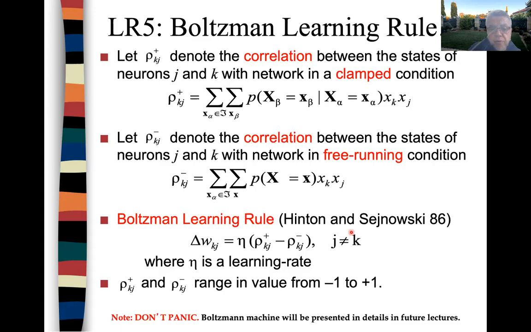The learning rule, or Boltzmann learning rule in this case, which was suggested in 1986: you modify the weight between a node K and a node J by using this formula, where you have a learning rate, eta, and then you have rho plus and rho minus. These values range from -1 to 1.